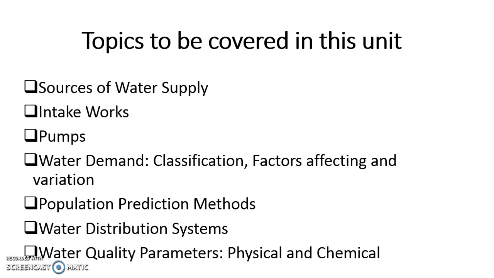Or the other way is just recharging the aquifers or groundwater by means of this rainwater. So this rainwater obtained after rainwater harvesting is also a source of water supply. This can be utilized at local levels, or even at some institute level or locality level. It can be stored in big tanks and utilized.